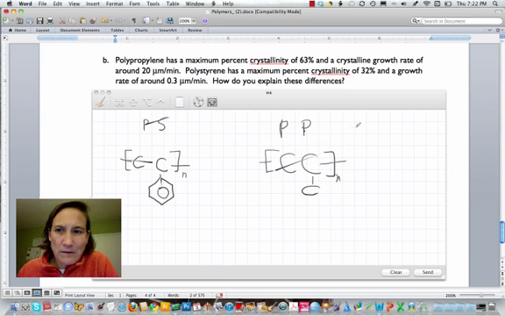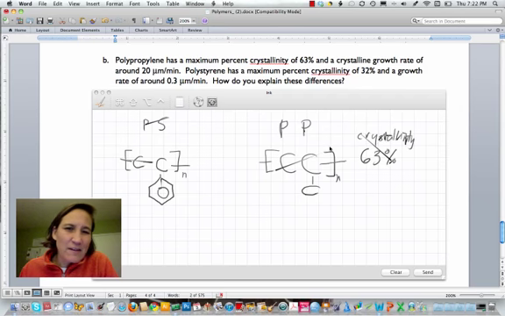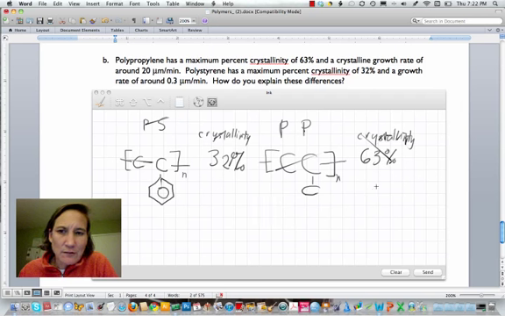So what we know is that this one has a maximum crystallinity of 63%, and over here the crystallinity maxes out at 32%, and we also see a difference in the growth rate.